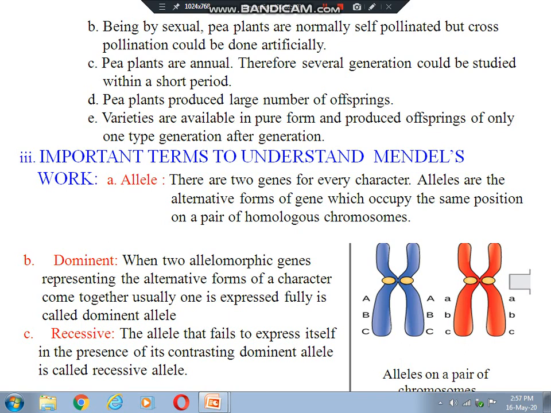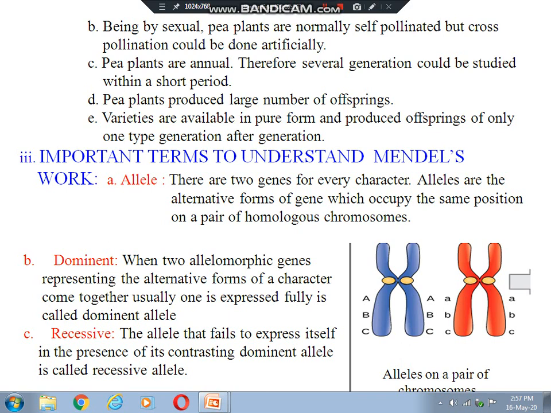So these 2 alternative forms of genes are called alleles. Once again I am repeating the definition given here. There are 2 genes for every character. Alleles are the alternative forms of a gene which occupy the same position on a pair of homologous chromosomes.